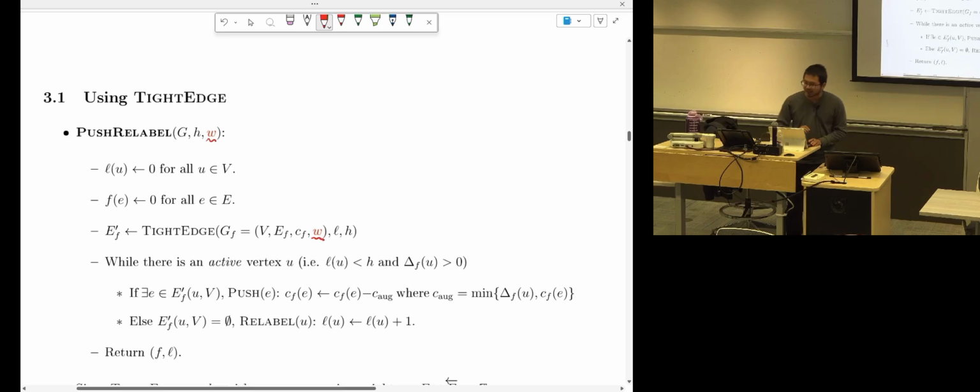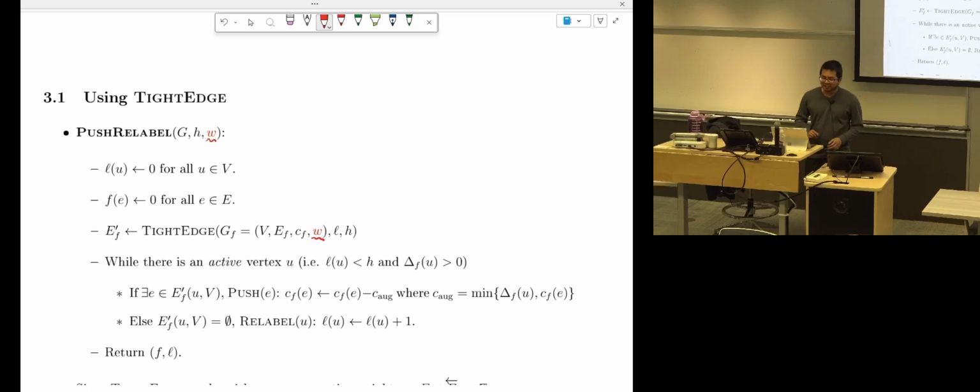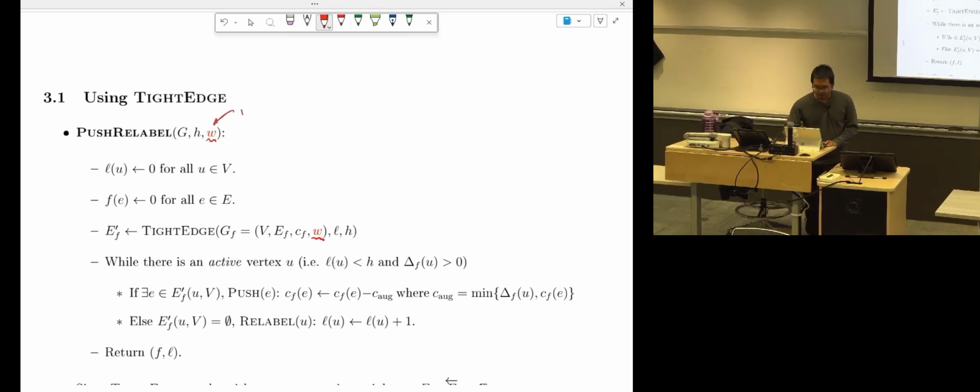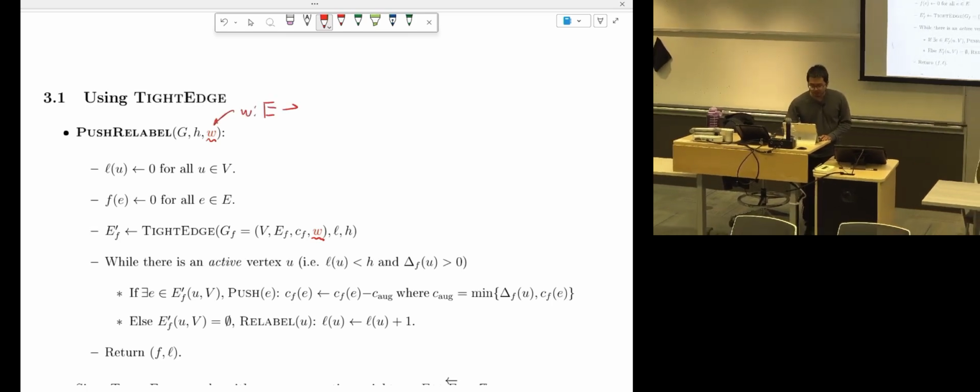The only difference is the thing that I highlight in red. It's the same push-relabel algorithm, but I choose an arbitrary weight function here, a weight function from, for each forward and backward edge. This is a weight function W.